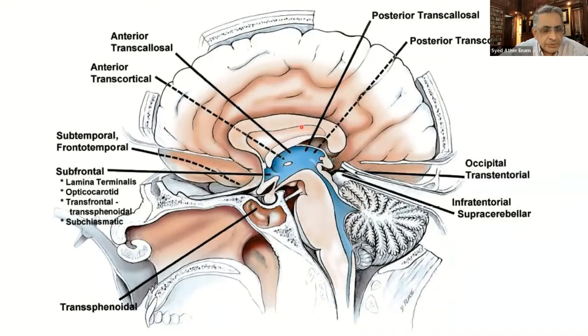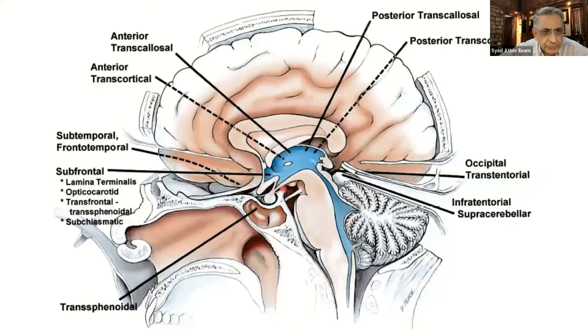Now, the most common that we will see in our practice is approached either transcallosal or transcortical, and then through the foramen of Monroe, or maybe through the choroidal fissure. So we can do it anteriorly or posteriorly. These are the two main ones.